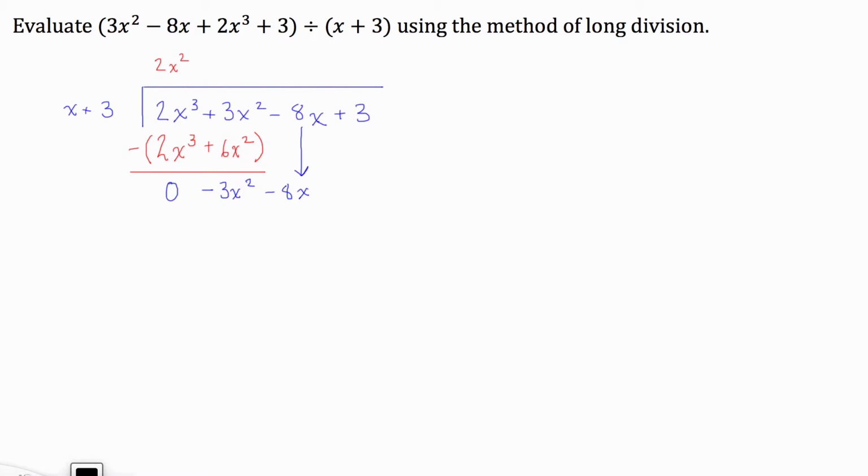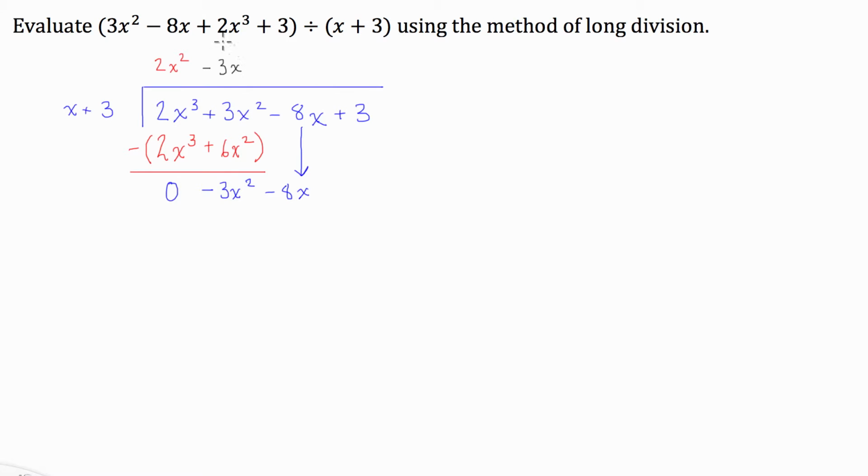Okay, I'll use a different colour for the next step. So again, instead of working up here, we're now going to work down here. We get the first number, and then we divide it by the first number, like we did before. So negative 3x squared divided by x is going to be negative 3x.